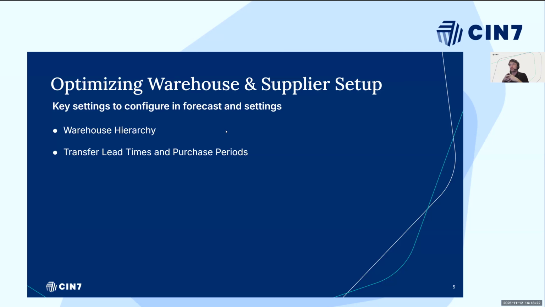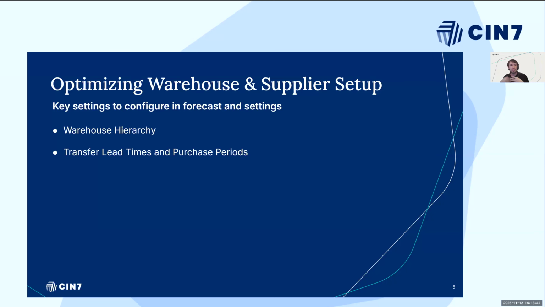You can also think about your transfer lead times and purchase periods. It says purchase periods, but these are for transfer. I said purchase periods because that's the term that you'll see in there as well. But these are specifically set in the warehouse settings as well, same place that you set the warehouse hierarchy. And this can define, if I were to place an order today, right? How long is it going to take for me to get that order? And that's where lead time is going to come in.